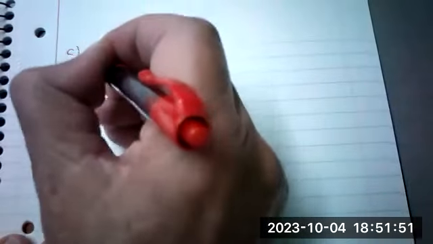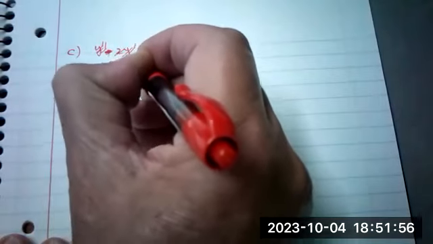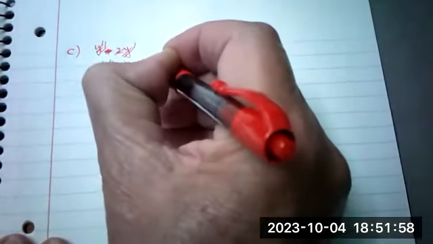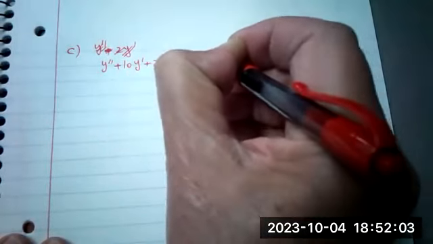Let's see what's going to be different about this one. Part C. Sorry, I have to rewrite it. It's going to be y double prime plus 10y prime plus 25y equal to 14 e to the negative 5x.